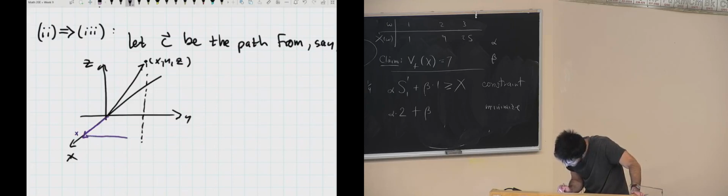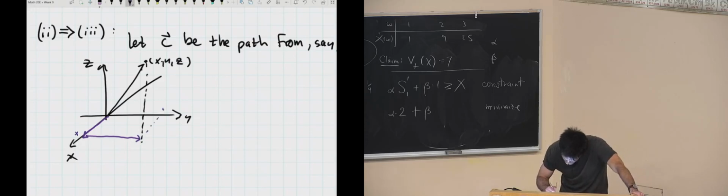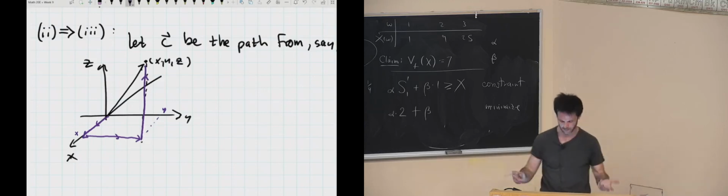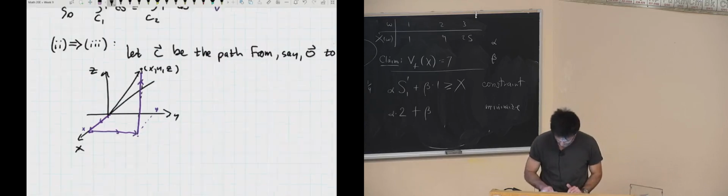Then travel in a direction parallel to the y-axis to the point y, and then travel in a direction parallel to the z-axis up to the point in question, x, y, z. So that's the path we're going to integrate over.